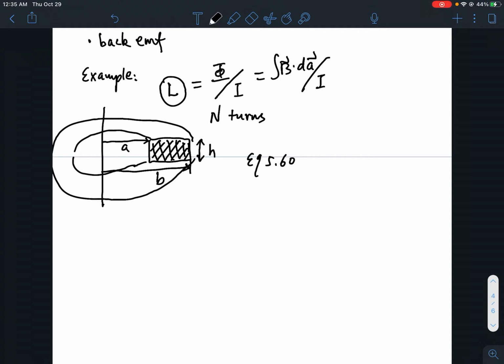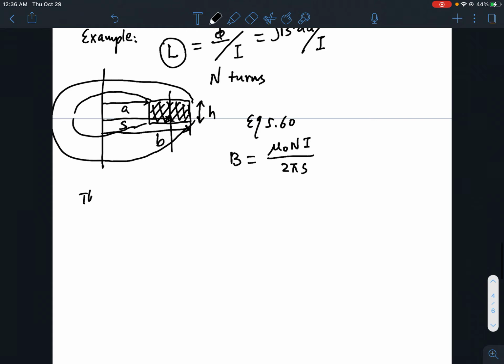It calculates the B field for you. The B field inside a toroid coil is mu 0 n times I, divided by 2 pi s, where s is the distance from the center. Each s value is different, so the B value will also be different.